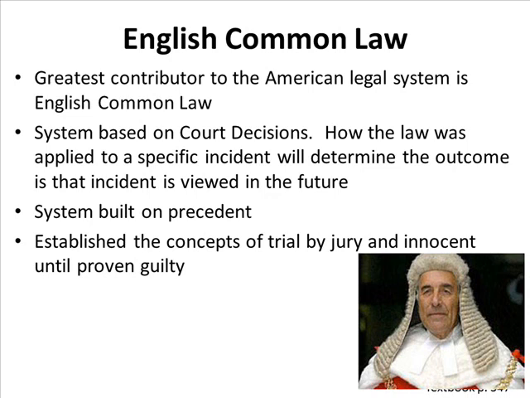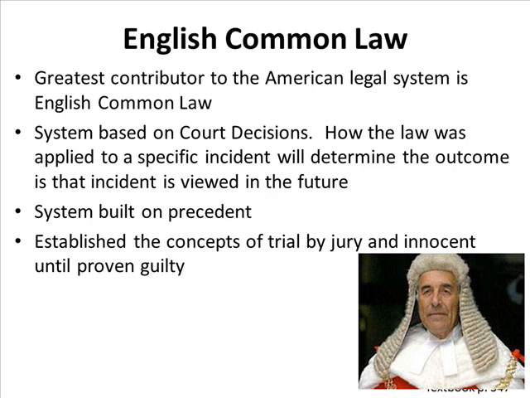So if person A goes out and robs a bank and he gets life in prison, if person B goes out and does the same thing, they should get life in prison as well because they did the exact same thing as person A. So basically in English common law, they use how the law was applied to a specific case in the past. If they have any case that is similar in the future, then it's going to be ruled in the same manner. And the reason why is because English common law is a system built on the idea of a precedent.